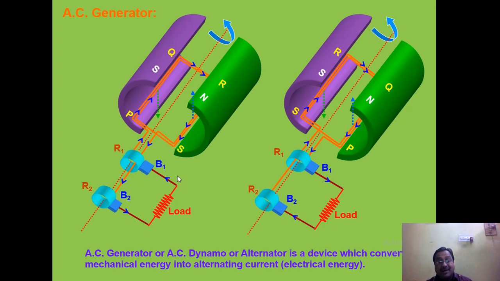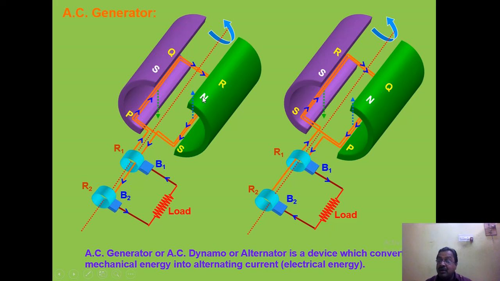Now, how does it work? We are explaining here the working or operation. When the armature PQRS rotates in between the two pole pieces S and N here, the magnetic flux linked with it changes between a minimum and a maximum value.